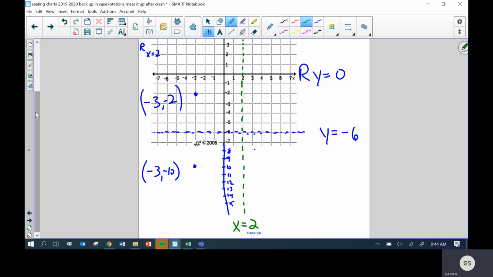I guess if you really want to come up, it's a little late, but if you want to come up and grab some graph paper, that's probably not a bad idea, because we're going to be doing more graphing stuff. If anybody wants to grab graph paper, there's some there, and then here's some over here.